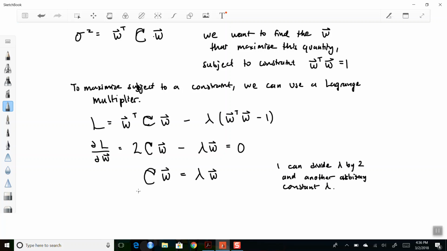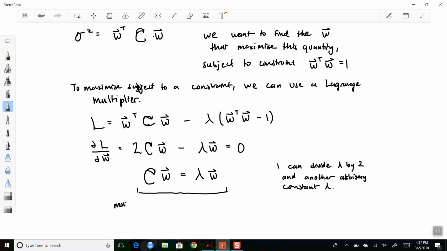Okay. Does this look familiar? Here I've got a matrix times a vector is equal to a constant times a vector, right?